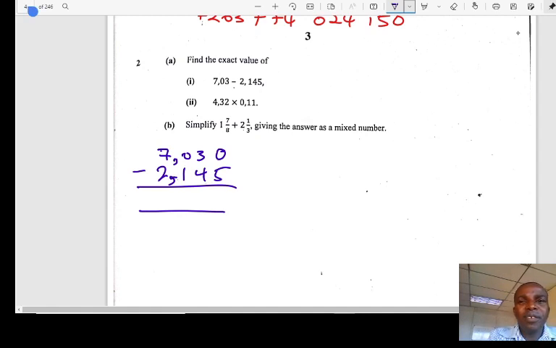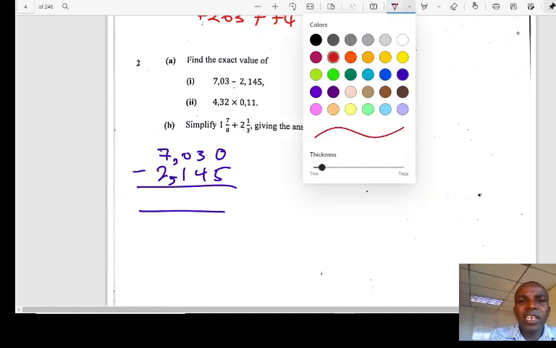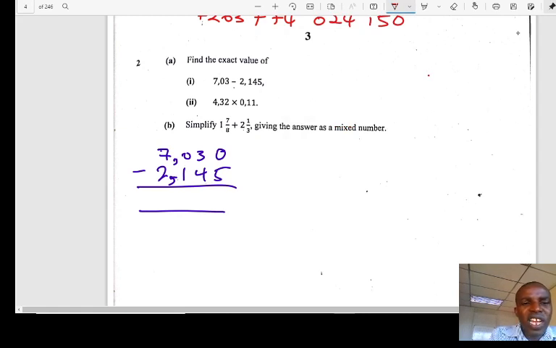Then you start subtracting. Here 0 minus 5, it can't. You borrow the base, which is 10 in this case. Then you add 1 here, it will be 5. So 10 minus 5 is 5. Then 3 minus 5 here, it can't. You borrow the base 10, so it will be 13.